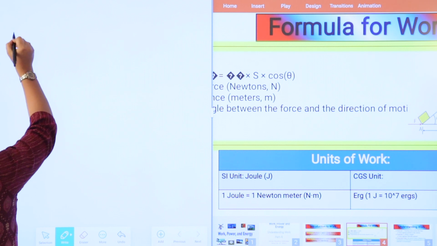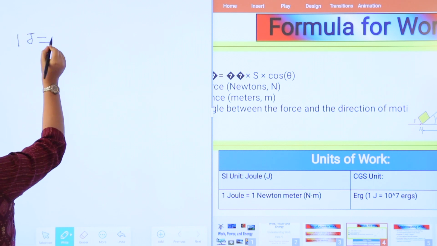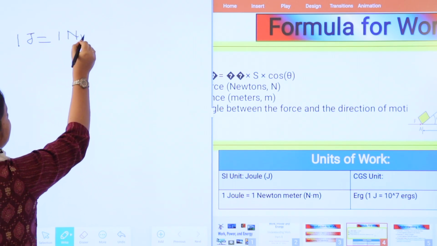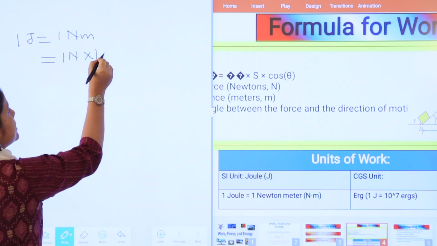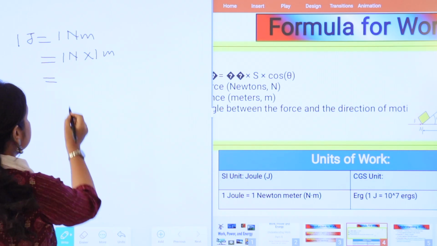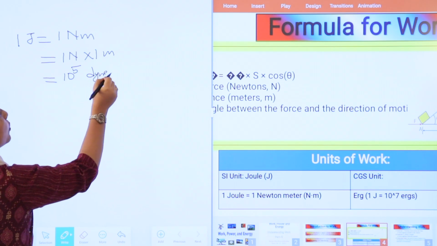Now, 1 joule of work is done, and I am telling that it is 1 Newton meter. Students, 1 Newton means 1 Newton into 1 meter. That means 1 Newton is how many dyne? It is 10 to the power 5 dyne, as you already know.